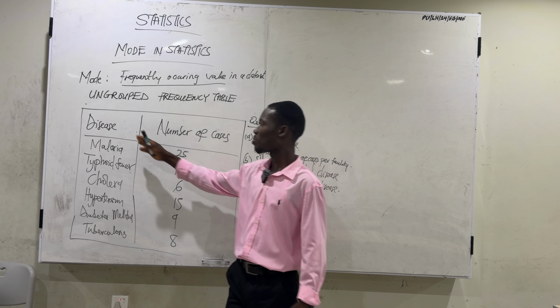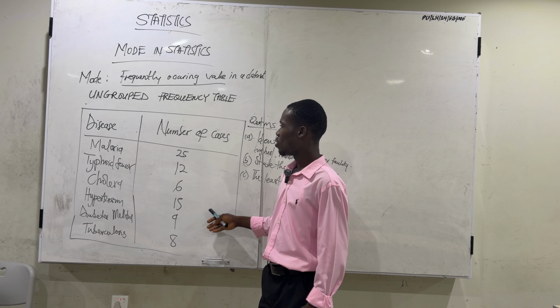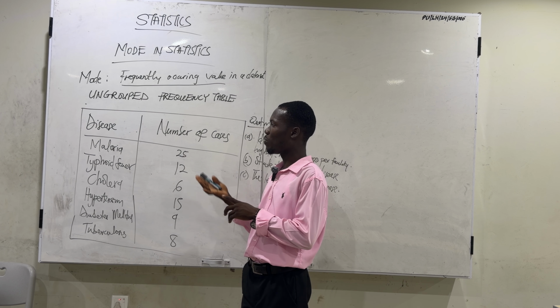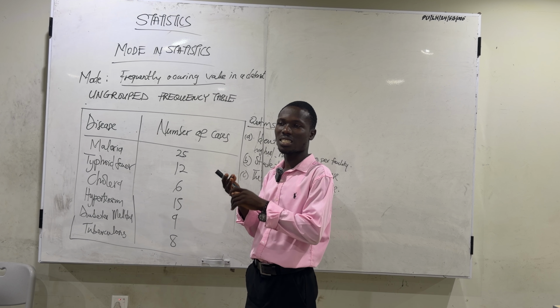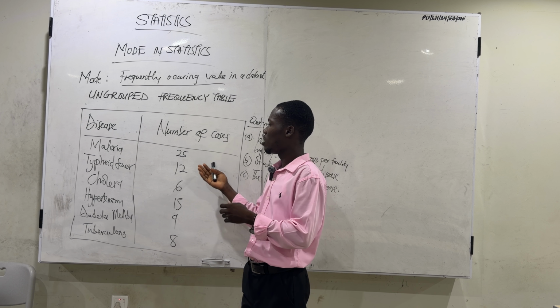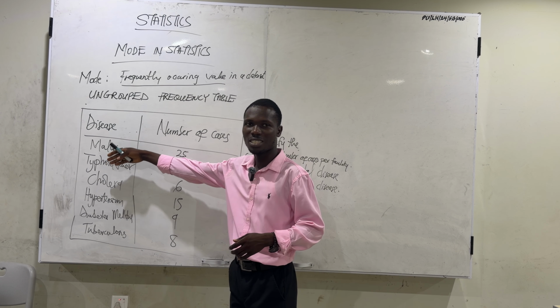Please do get it. So we have the variables here and we have the frequency here. There are two questions that can be asked. Either they are asking you for the disease that occurred most, and that one you look at the highest one to determine it.